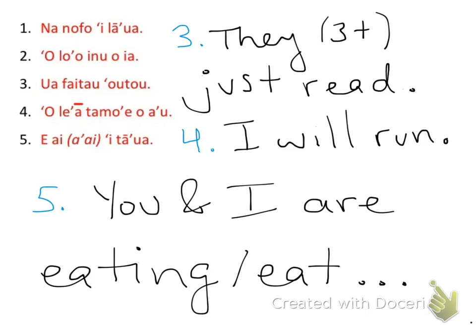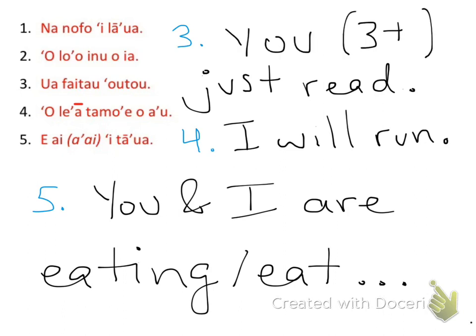So here's the answers. For 3, they just read, or so again, this is for 3 or more people. Sorry, I messed that up. I messed up this pronoun right here.